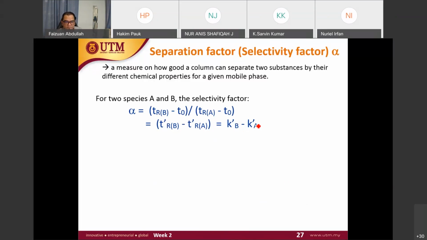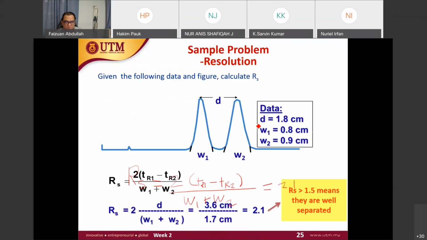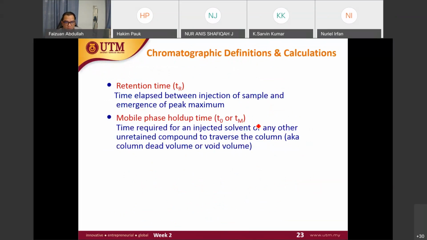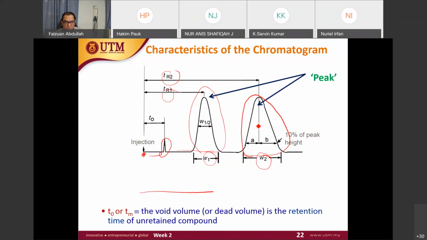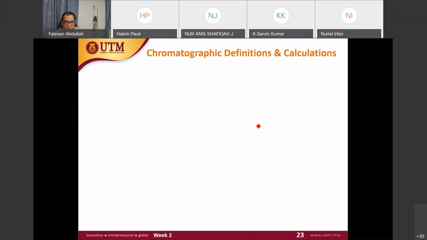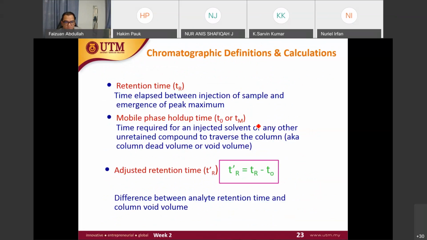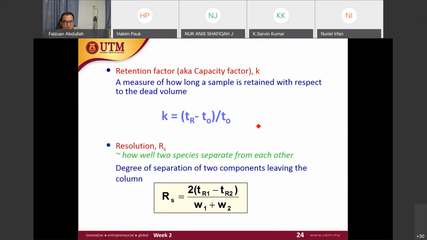What is k? Previously, we know, where is k? Oh, here. The t apostrophe is the adjusted retention time, when we subtract t naught. And then k is the retention factor: t_R minus t naught divided by t naught.